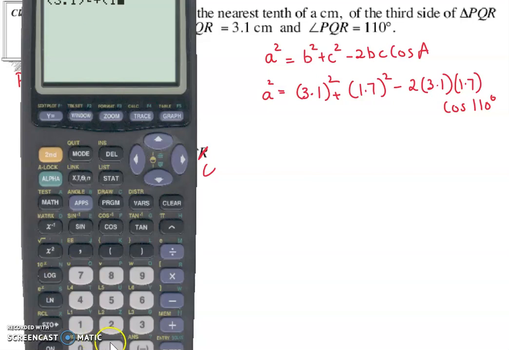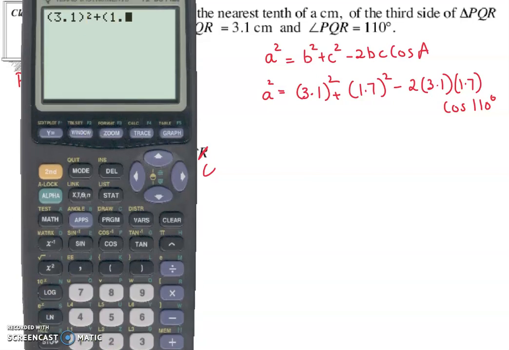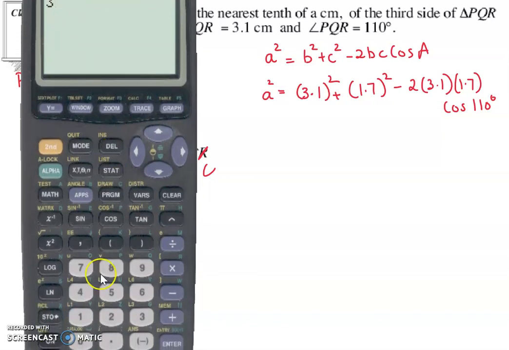I just have to maneuver it a little bit so it's on my screen. Minus 2 times 3.1 bracket multiplied by 1.7, and then cos of 110.